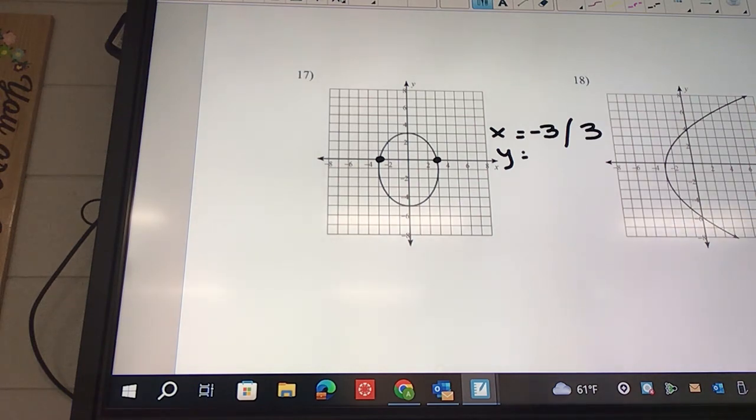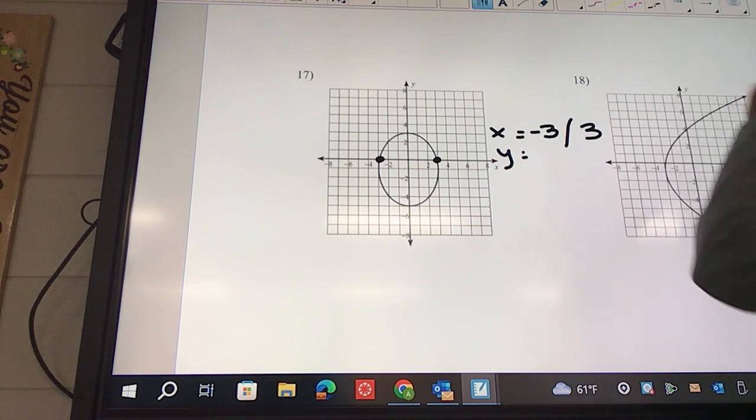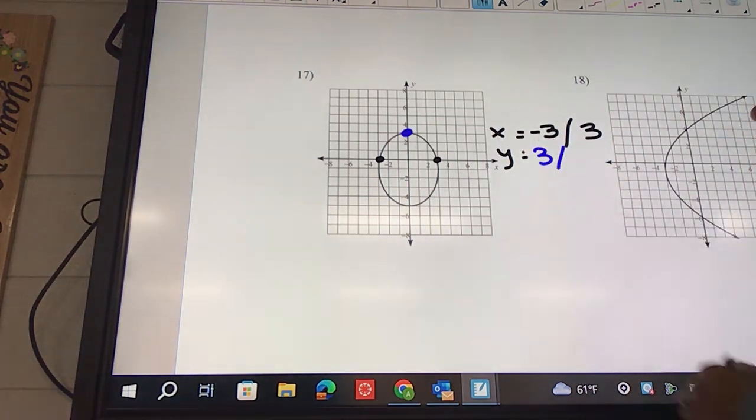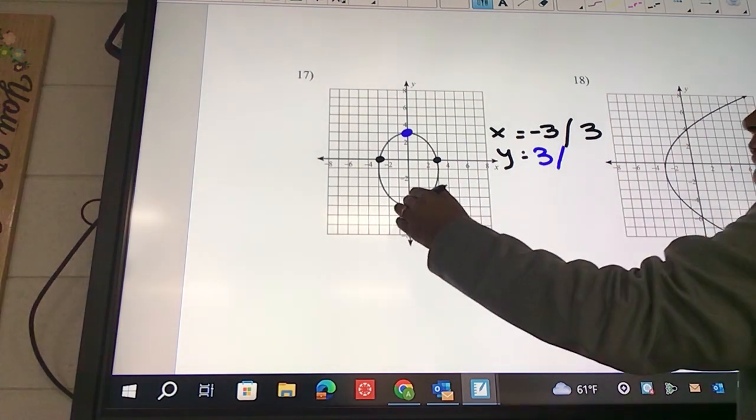What about the y line? It touches here at 3. Where else? -5.